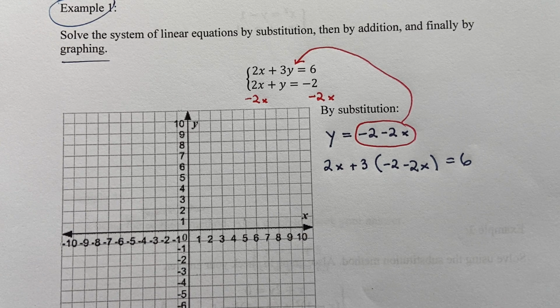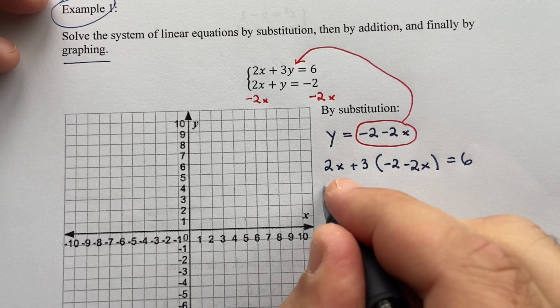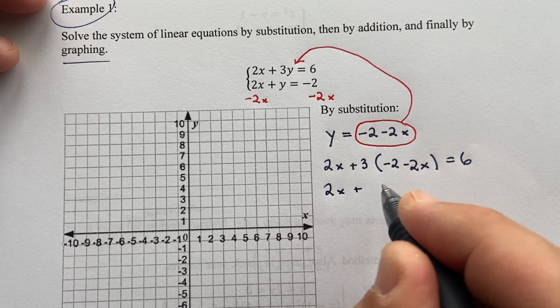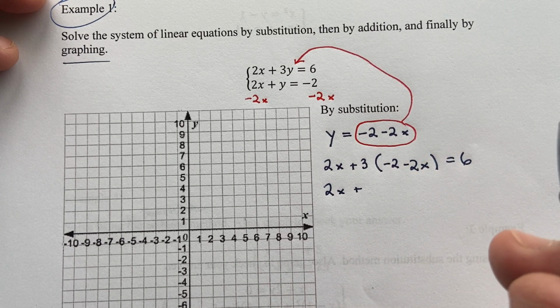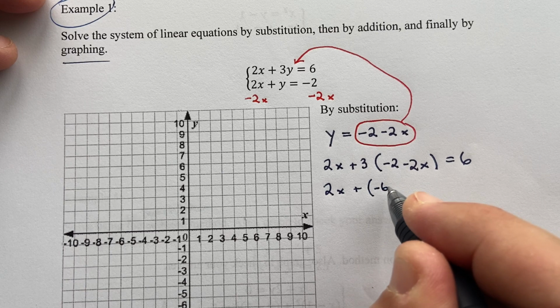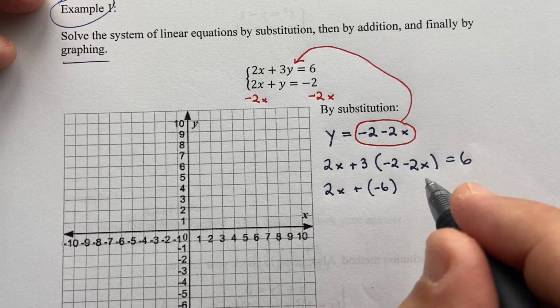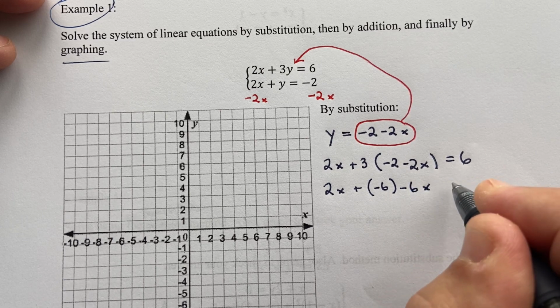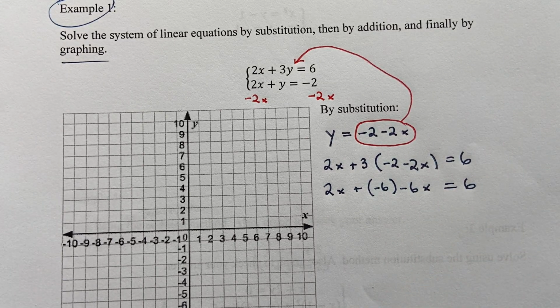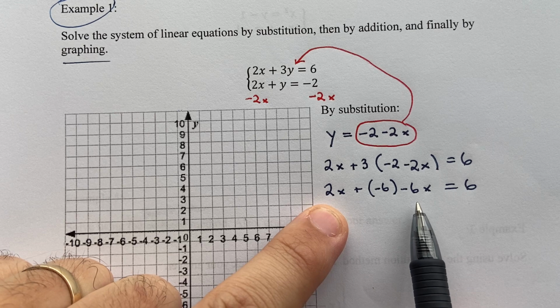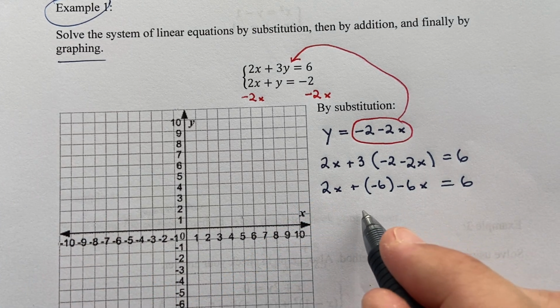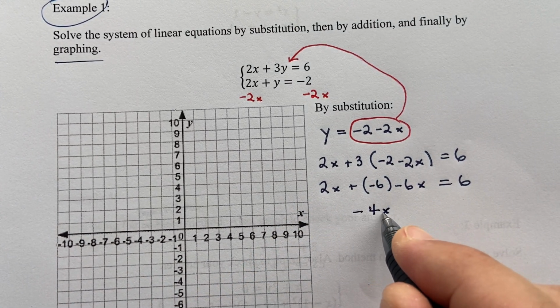So distributing, so 2x plus, this will turn into -6 actually. So I'll just say -6. And then 3 times the -2x, this is -6x, equals 6. So 2x minus 6x is -4x.